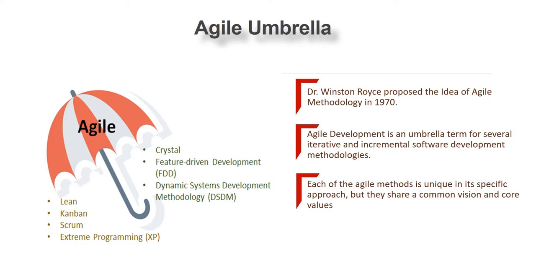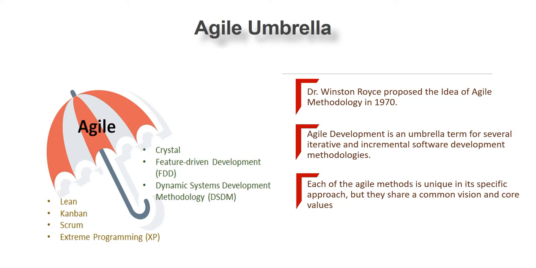And then we have the Extreme Programming framework, which talks about only best practices. There are a lot of best practices related to agile, and Extreme Programming is the framework that covers all of those best practices.